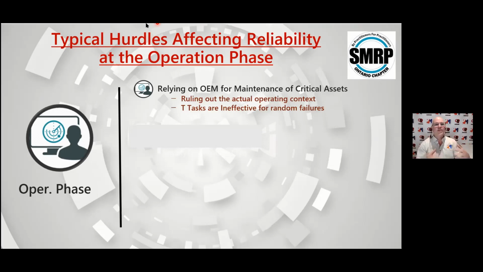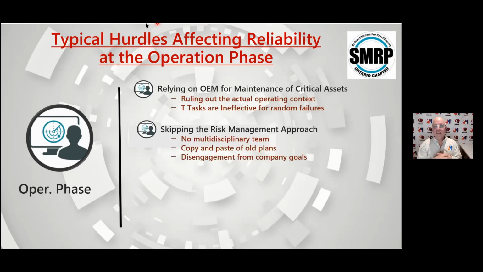So don't rule out the operating context. Don't copy and paste a maintenance plan from other assets in the plant. Just analyze risk to do the analysis, keeping the risk management approach. Maintenance doing maintenance tasks alone on their own without the multidisciplinary team approach, a disengagement, a disconnect from company goals.